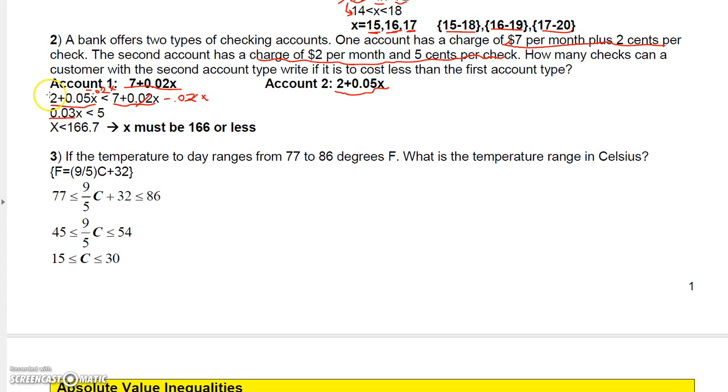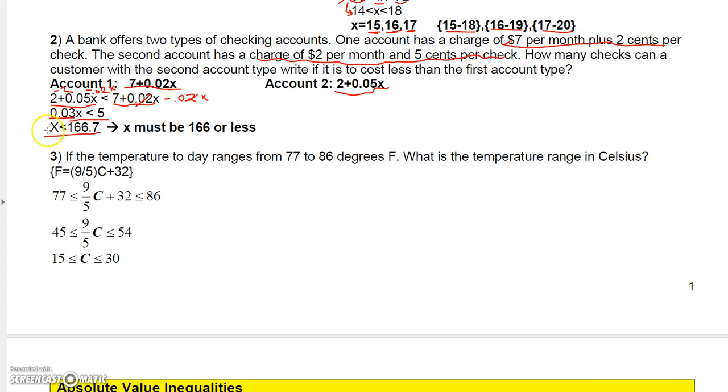And then to get rid of the 2, you subtract 2 from this side, and of course you subtract 2 from the 7, and you get 5. So you get 0.03x is less than 5. Now all I have to do to solve for x is divide both sides by 0.03. If I divide 5 by 0.03, it comes out to 166.7.